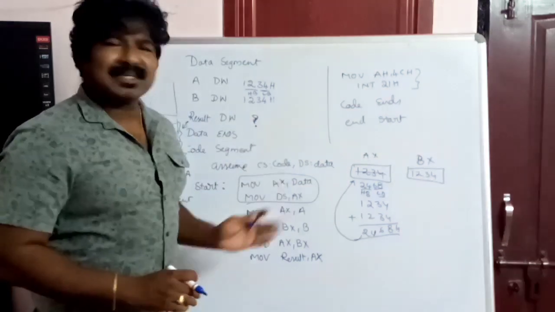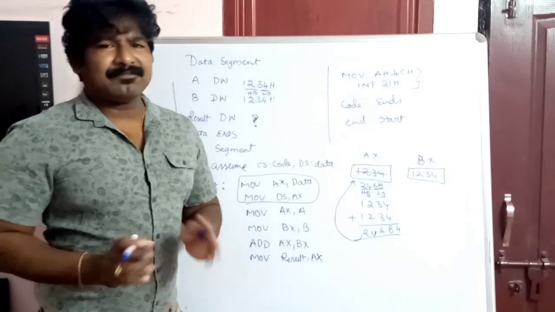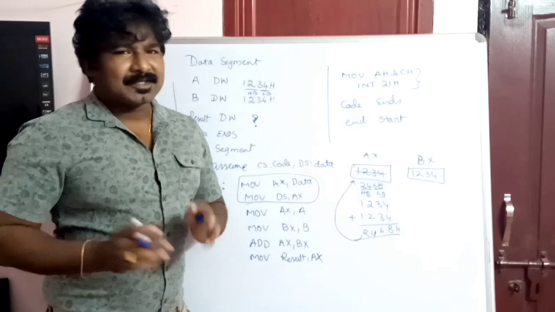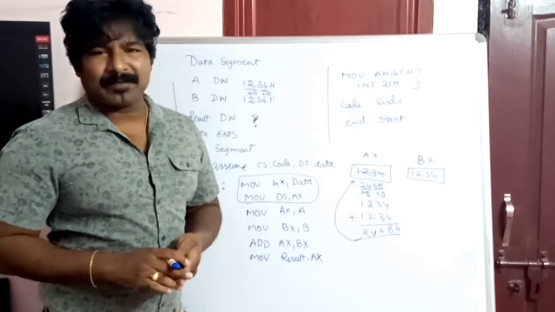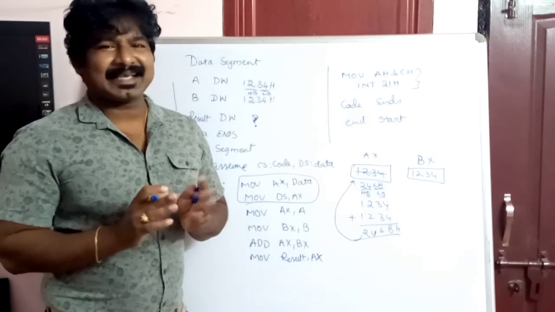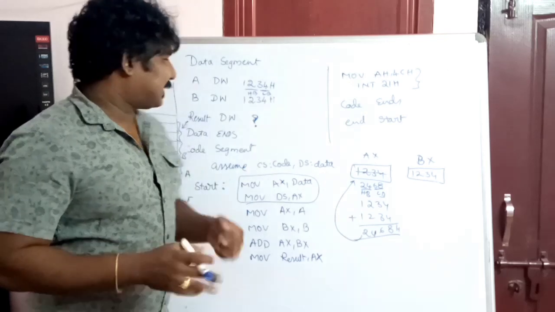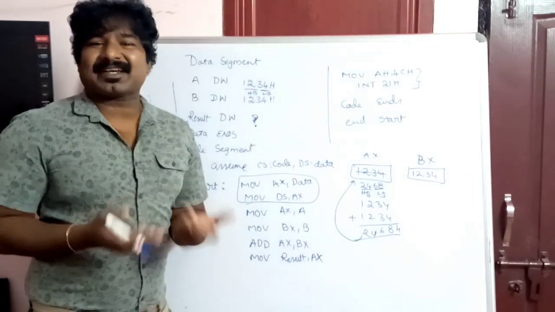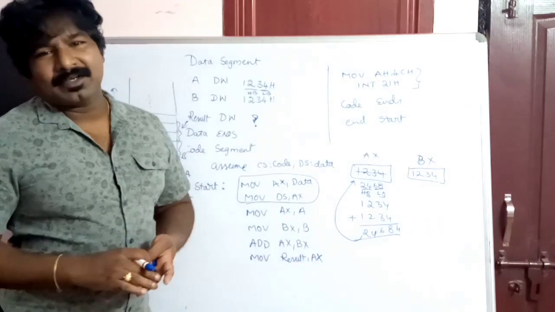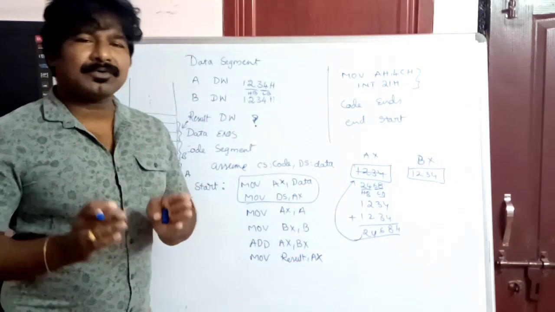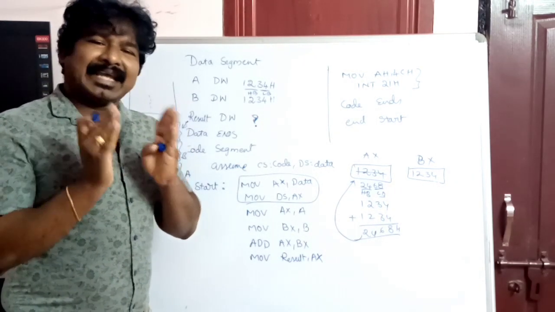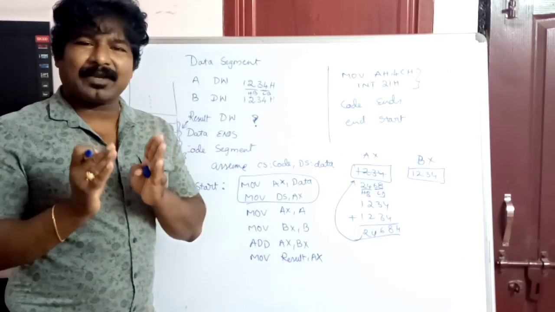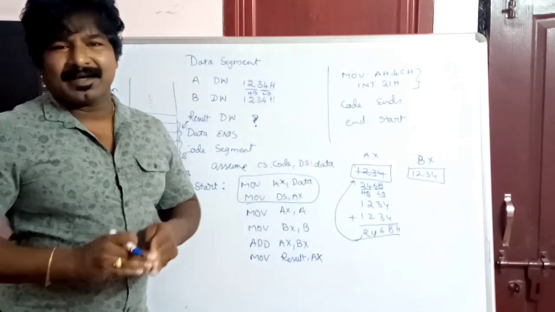This is an example for addition of two numbers if there is no carry. Now, in the second version of this program, what happens if a carry occurs? If the higher order digits of these two numbers produce a carry, you have to store that carry value and put it in the memory.